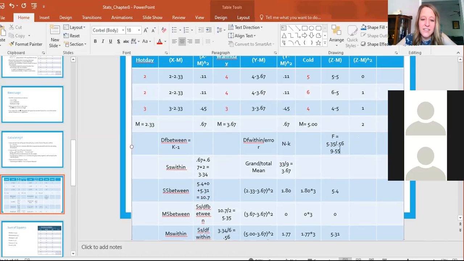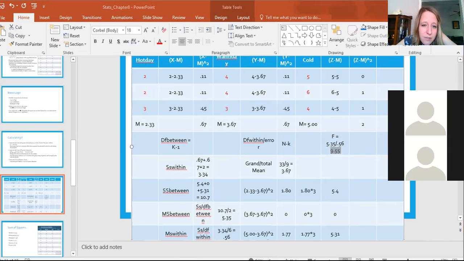And then just like we've done before, you use this as your calculated test statistic, your calculated F, and you compare it to an F critical value that you get from the table. So let me pull up the table really quick.